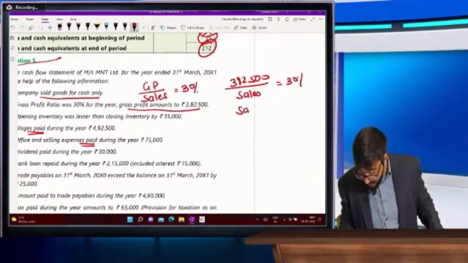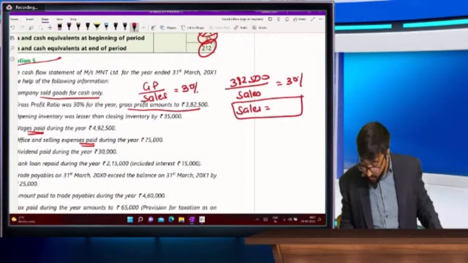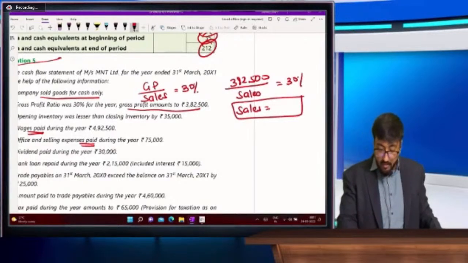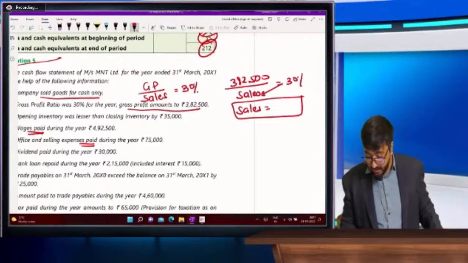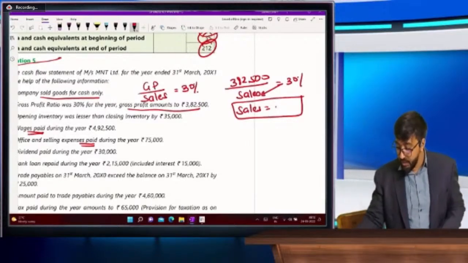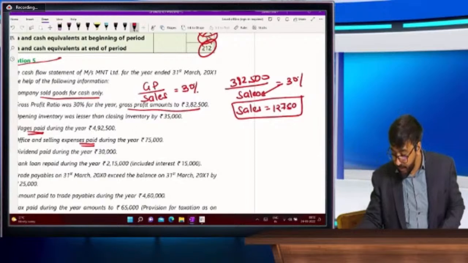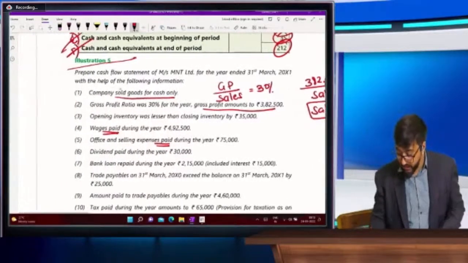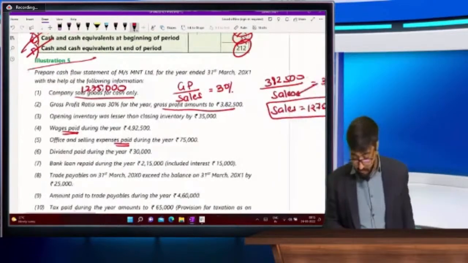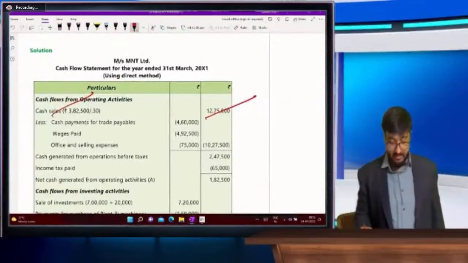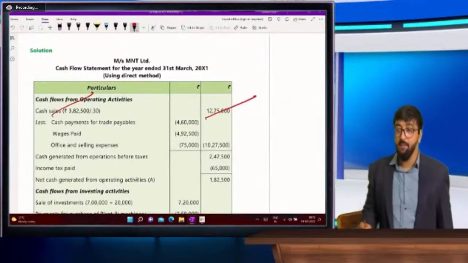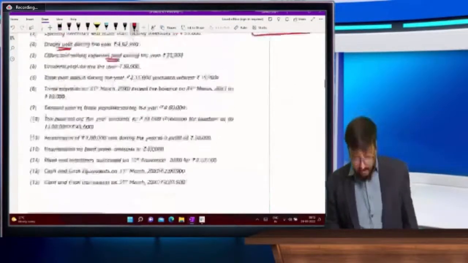And you can calculate now sales. Sales is equal to 3,82,500 divided by 30%. ये 30% इधर आ जाएगा, sales इधर चला जाएगा. So divide by 30% means 12,75,000, and total sales is in cash. Okay, sir, cash sales 12,75,000, sir, total cash sales.